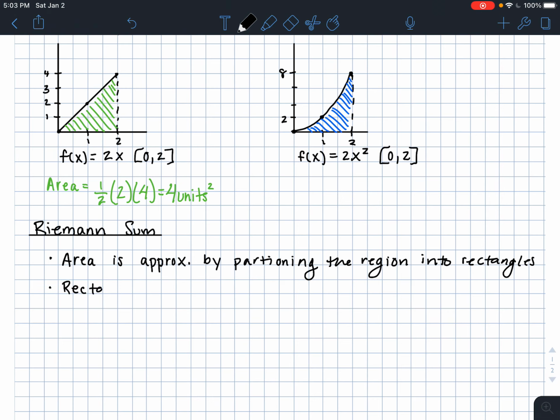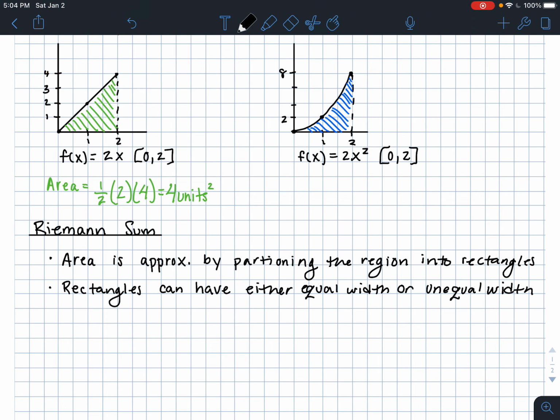So something that's important to note for Riemann sums is that the rectangles that we're going to use can either have equal width or unequal width, meaning that they could all be different widths.